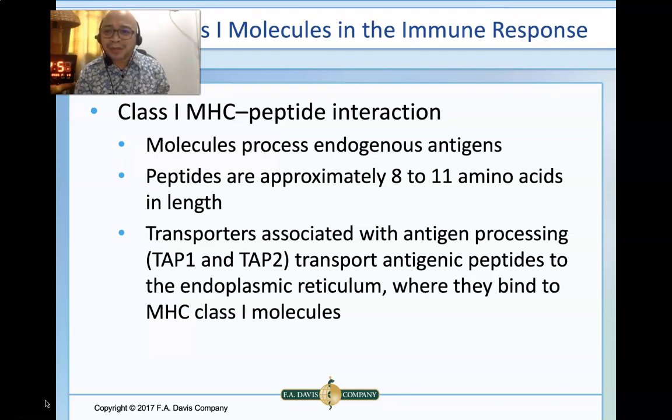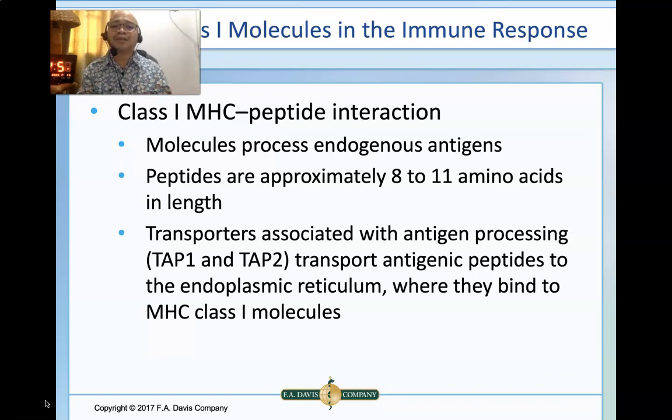Together with this module, you'll be able to see an animation on how class 1 molecules work. So please do watch this animation so that you'll be able to understand what I'm talking about. The peptides that class 1 MHC can interact with are supposed to be 8 to 11 amino acids in length.